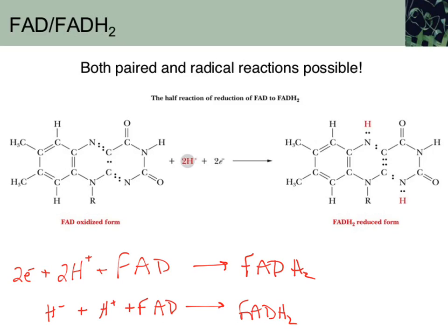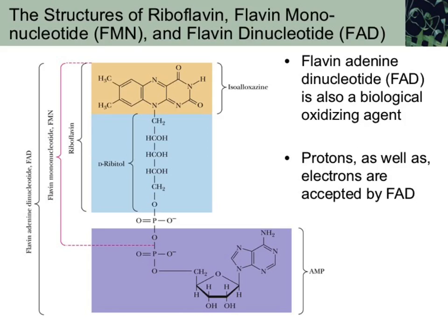What's the issue with radicals? We'd end up with an intermediate of a radical. Since that radical is now just chilling around floating on its own, it's also known as a free radical. What's the issue with free radicals? They're bad, they're unstable, they destroy things. FAD is okay as a free radical because of its structure.